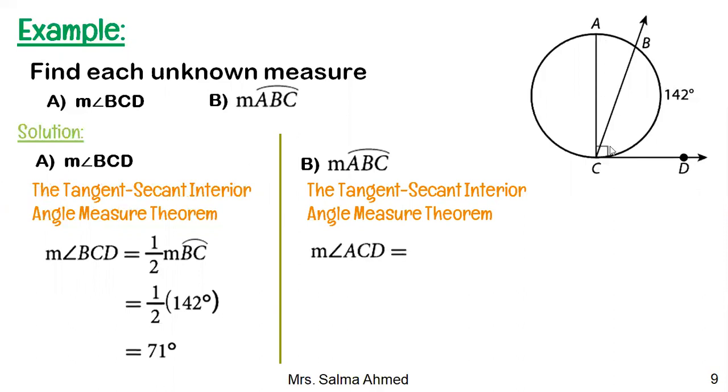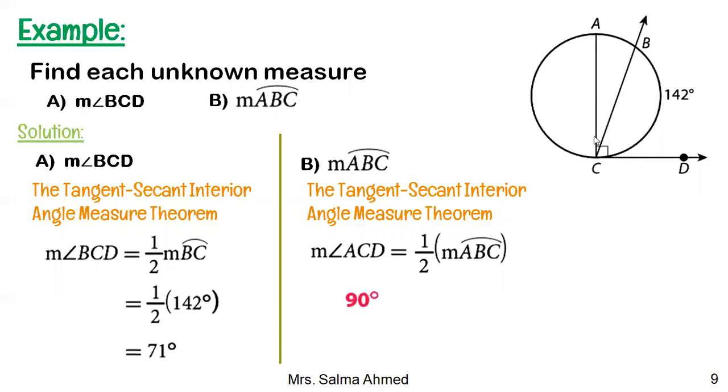So the measure of angle ACD is equal to half the intercepted arc between the chord and the tangent, which is AC, or the arc ABC.